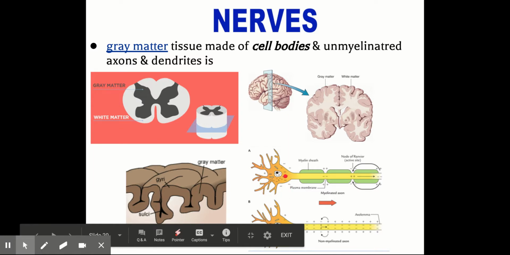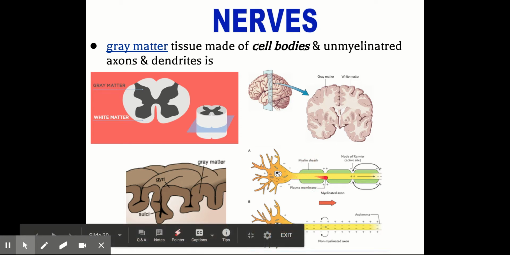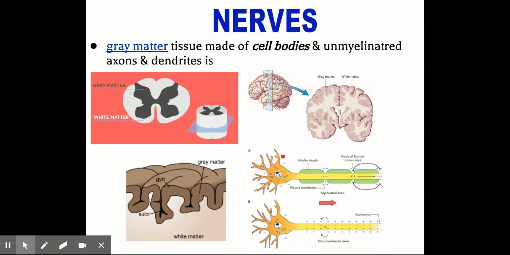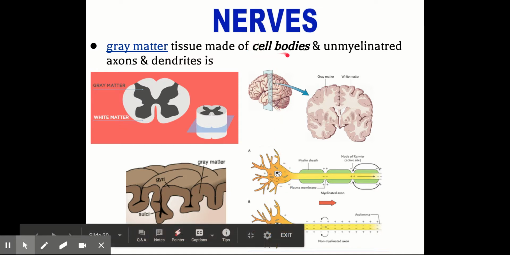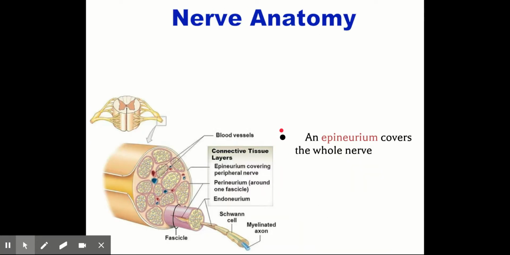And that's what makes it the gray color. Or the other way to think about it is that the myelin, which is fat, is going to have a white color. And so notice a cell body doesn't have myelin, so we say it's unmyelinated. And then the dendrites never have myelin, so we say they're unmyelinated.